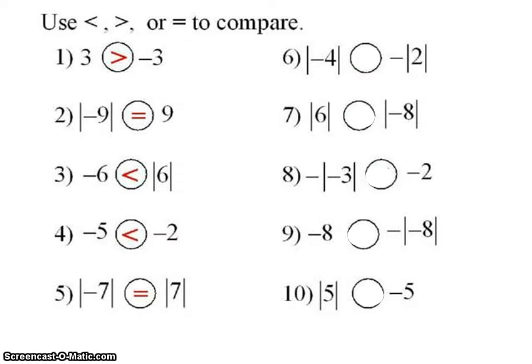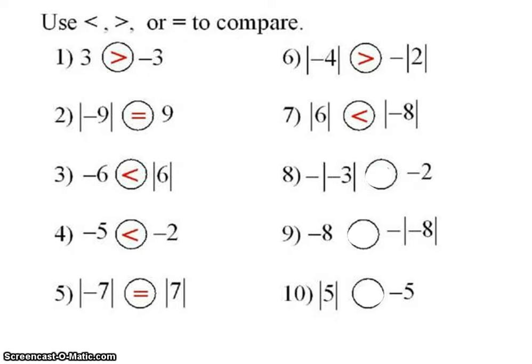Okay, number 6 would be +4, and the negative in front of that absolute value makes that a -2. So be careful. So our +4 would be bigger than our -2. On the next one, it's going to be +8 and +6, so 8's larger. On number 8, that's another one of those tricky ones.